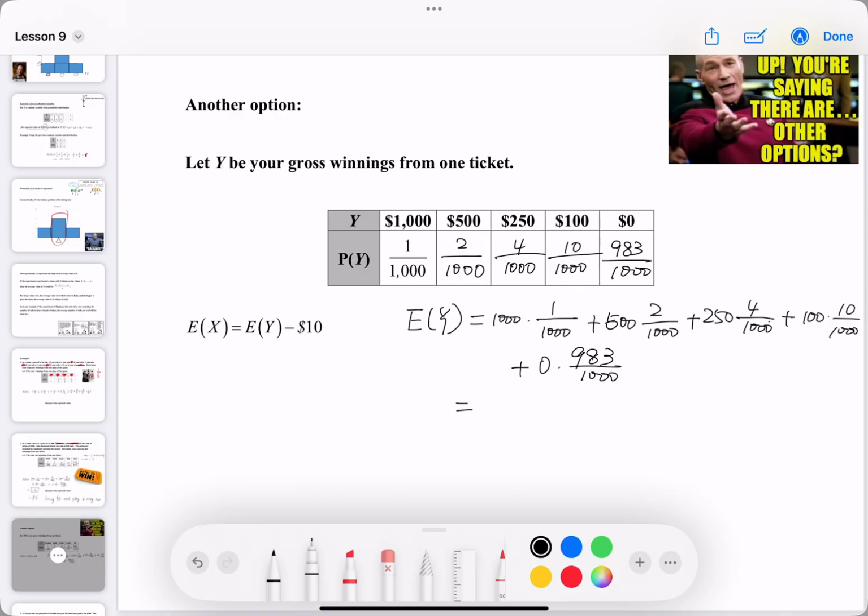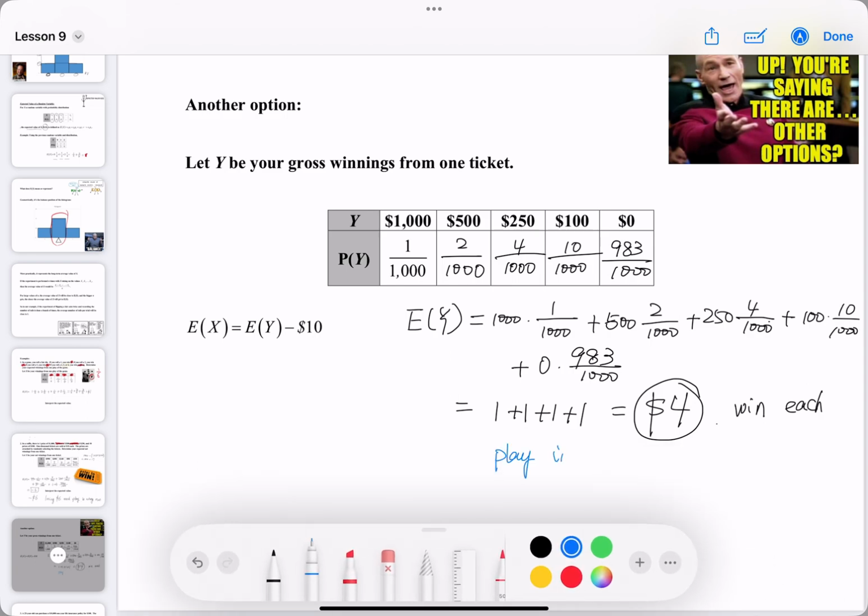So let's do the computation. It is 1 plus 1 plus 1 plus 1. Okay, I'm going to win $4 if I pay nothing in the long run. For example, this 4 means I'm going to win $4 each play.